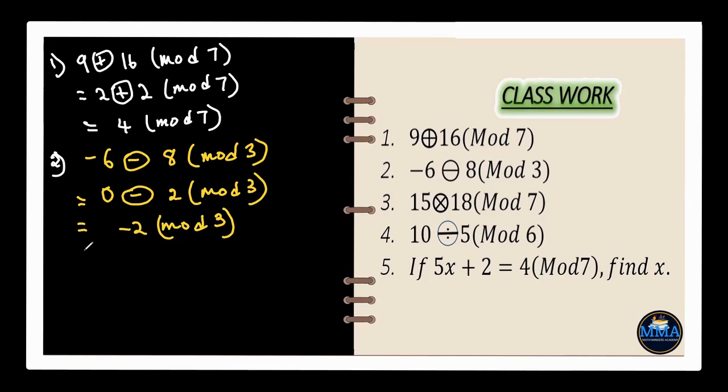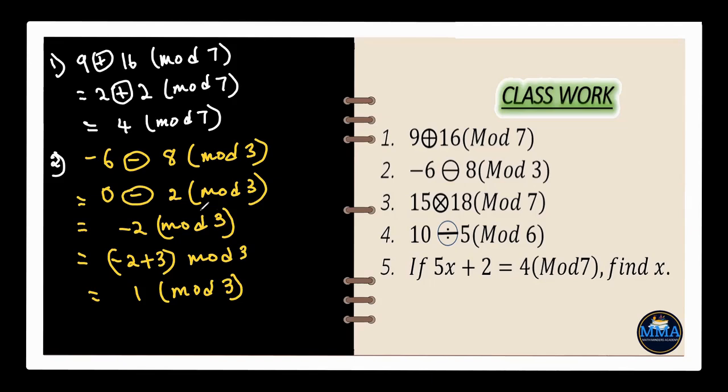Of course, we are not going to stop here because our value is meant to be positive. So I know that if I add 3 here, it's the same thing as adding 0 mod 3. Of course, minus 2 plus 3 is 1. So finally, I have 1 mod 3. All right.